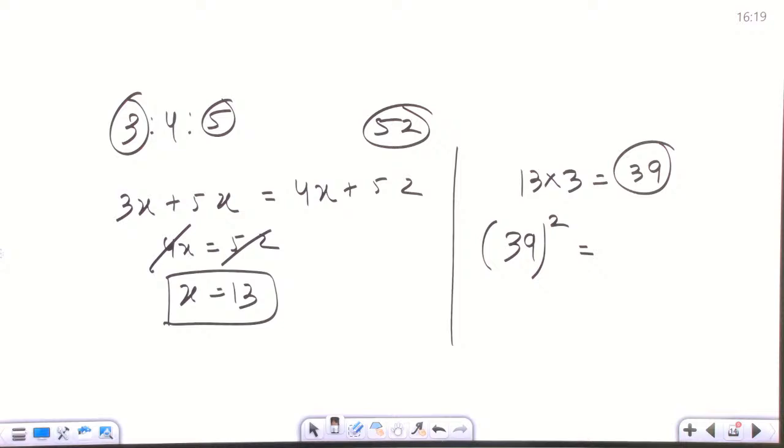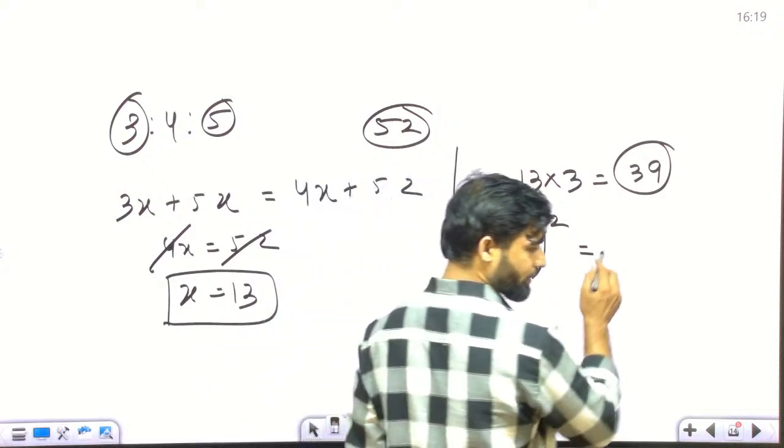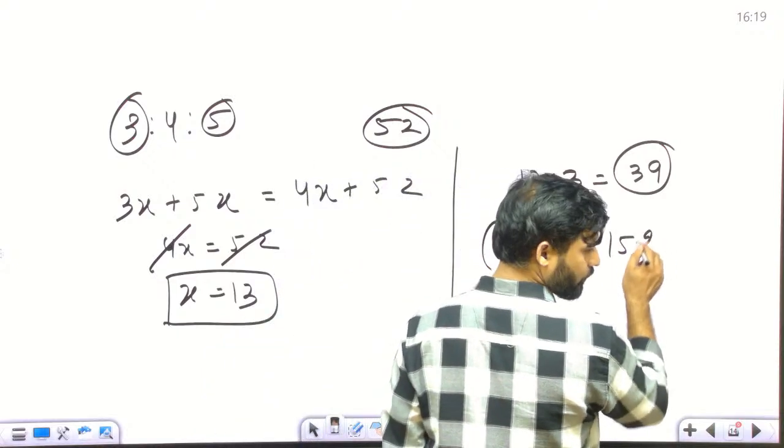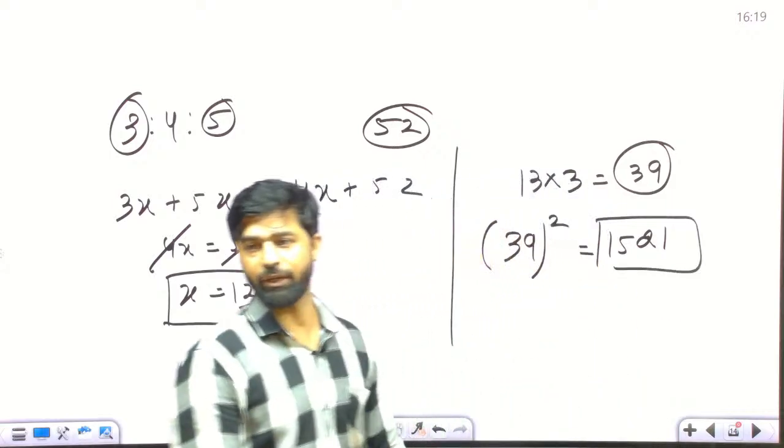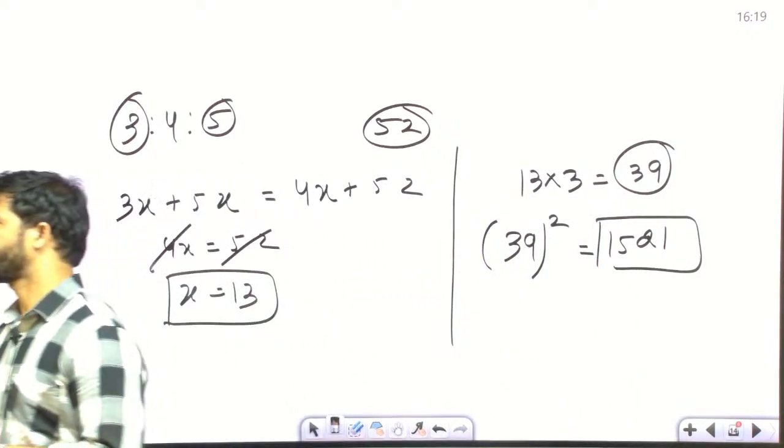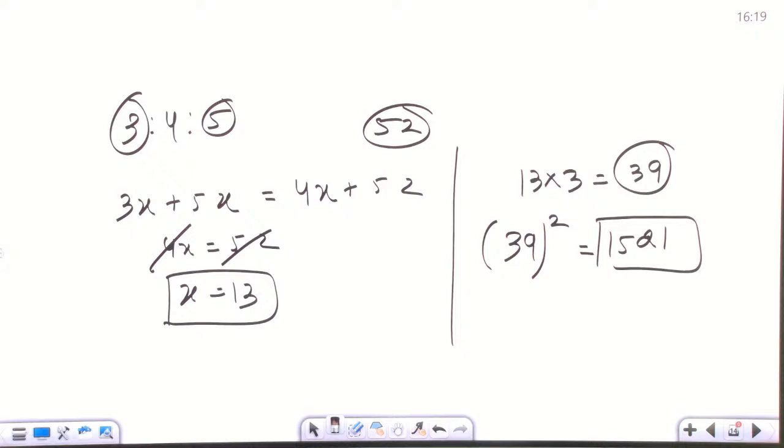The answer is 1521. Okay, any problem in this? 1521. And if he asks for the smallest number, then the answer is 39.